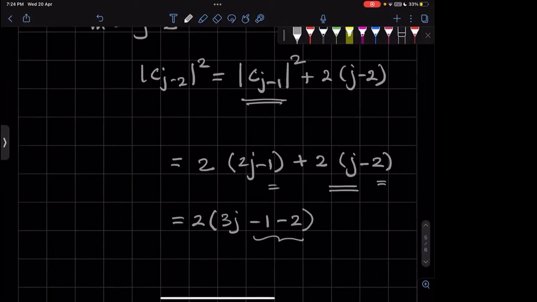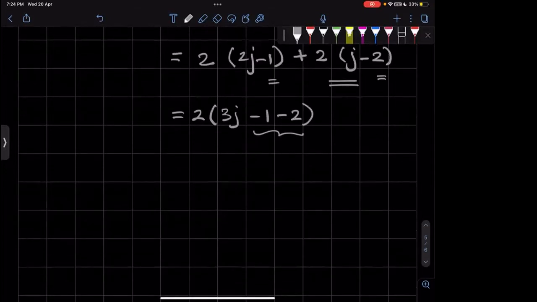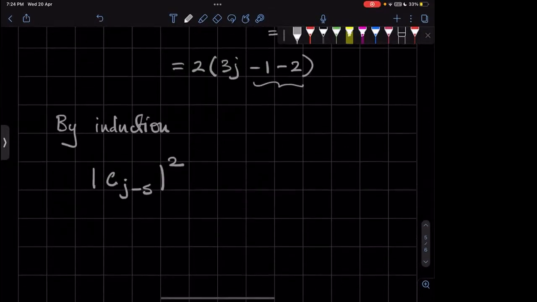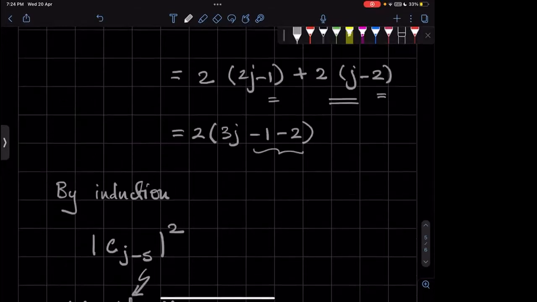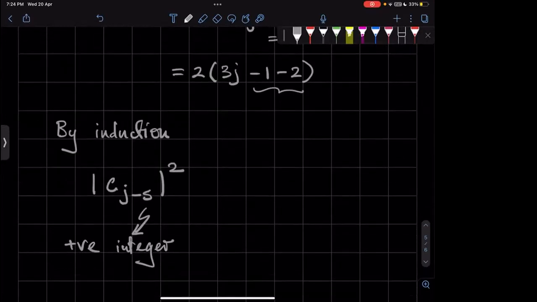So now by induction, we are basically doing an induction. So by induction, we arrive at the value of cj minus S squared, where S is a positive integer, right? Because it's counting the number of steps I'm taking in the recursion relationship. So if I take S steps, I should have a factor of 2 here. And for 2 steps, we had 3.